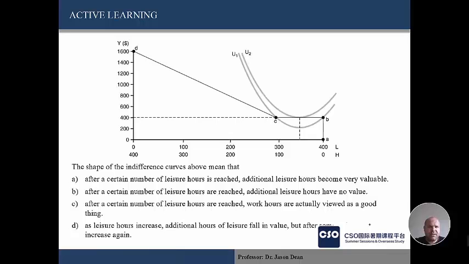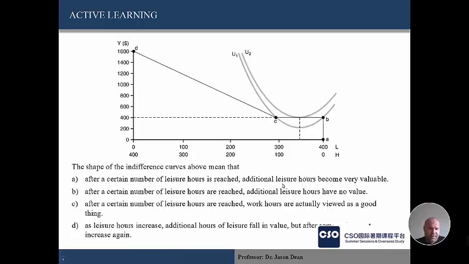So on this side, work must actually be viewed as a good thing, because if we take away leisure, we compensate by taking wages away. If the person works more by having leisure fall, that's a good thing for them when we can take away income and make them equally well off.